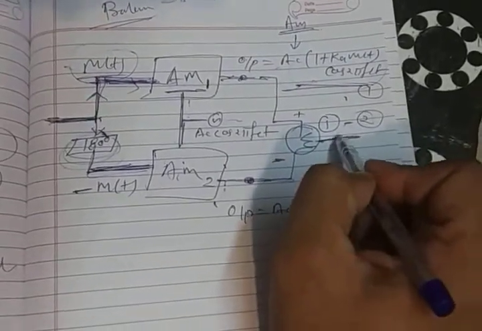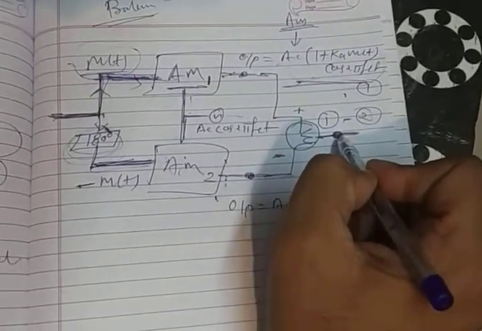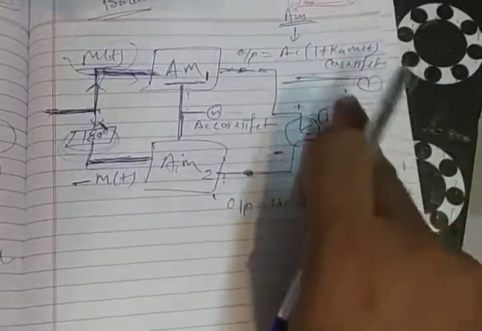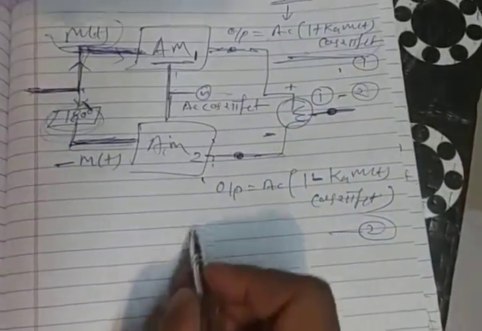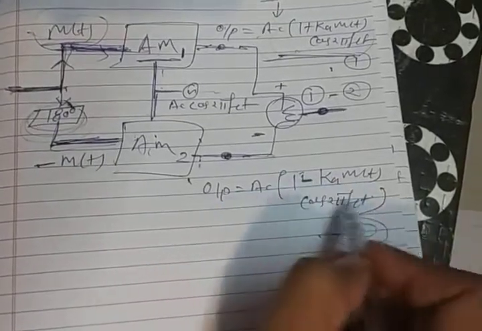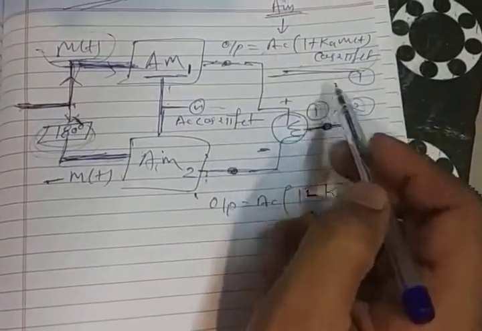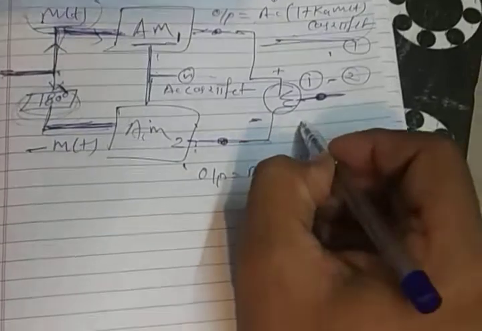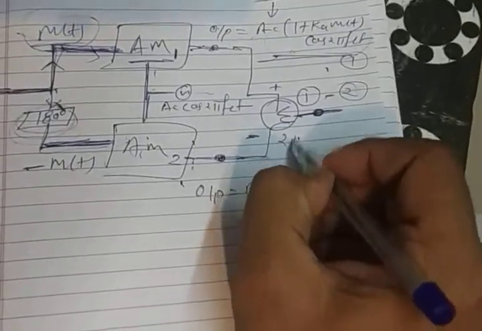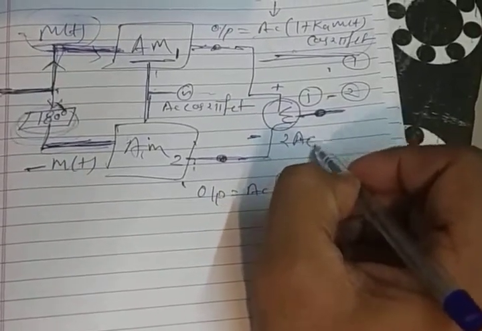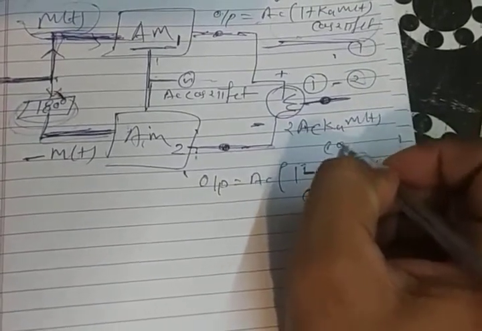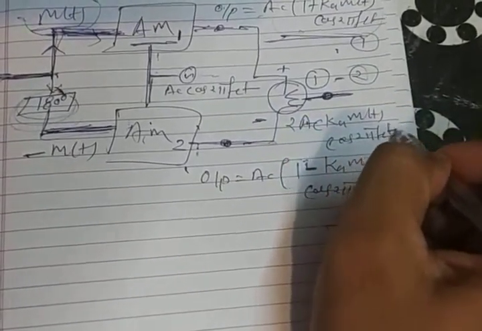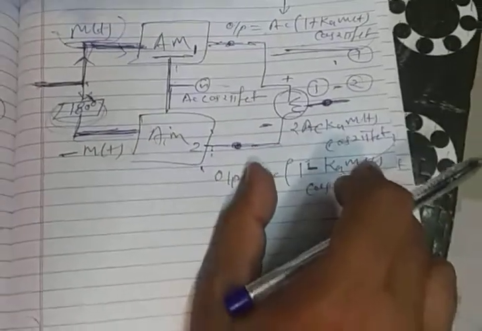Both are subtracted at that point. So subtract this equation and this equation. What will happen? The Ac and cos 2 pi fct part is eliminated, and the final output is 2 Ac Ka m of t into cos 2 pi fct, looking like this.